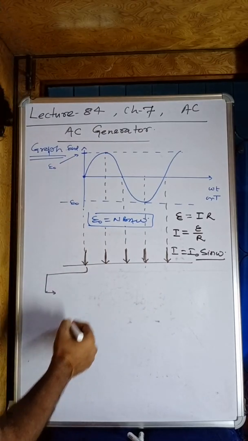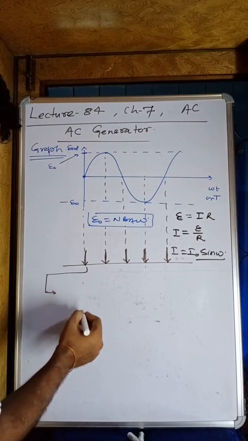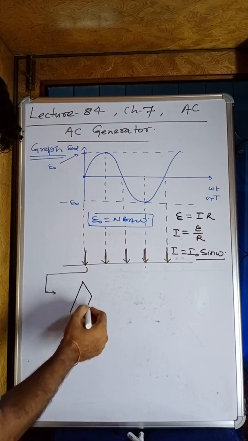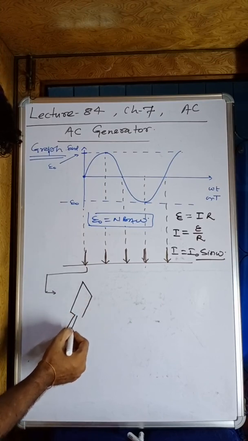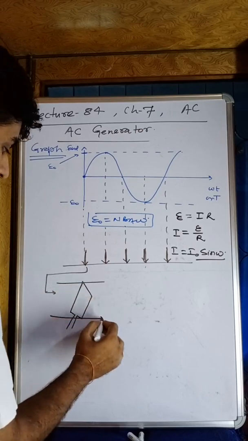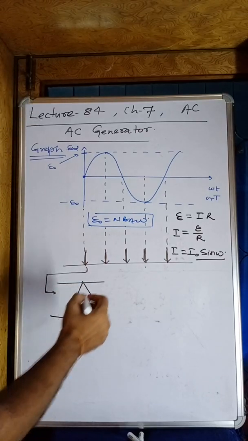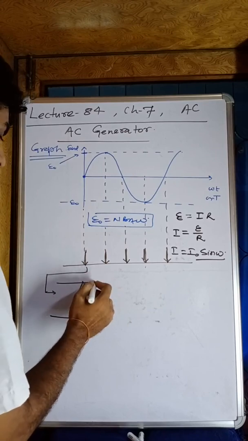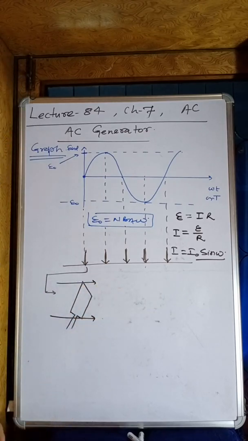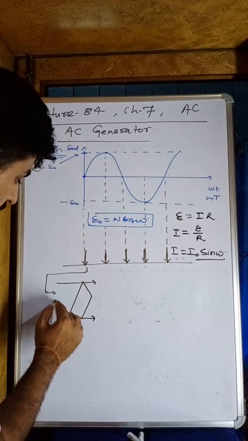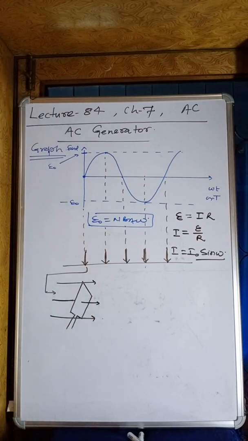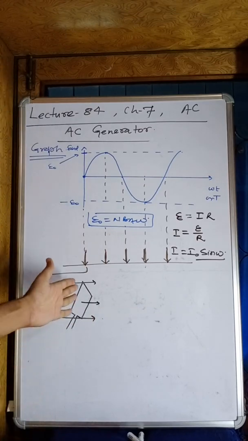Suppose this is the coil, and this is the magnetic field. Try to understand this: the area is perpendicular to the field, that is, the flux is maximum.